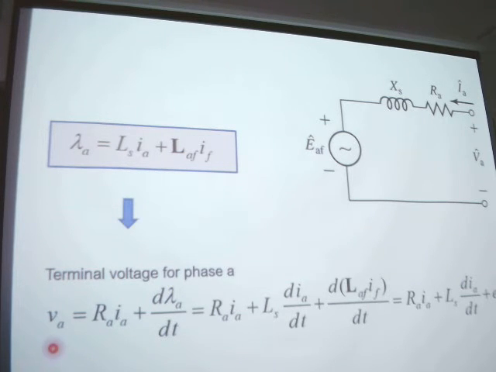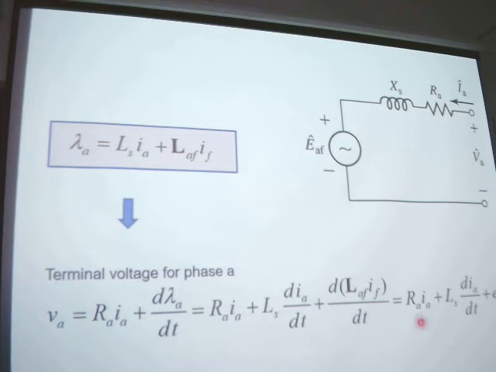We use the terminal voltage. The terminal voltage equals the voltage drop on the stator resistance and the voltage drop on the synchronous inductance LS. LS here is XS, and XS equals omega multiplied by LS.